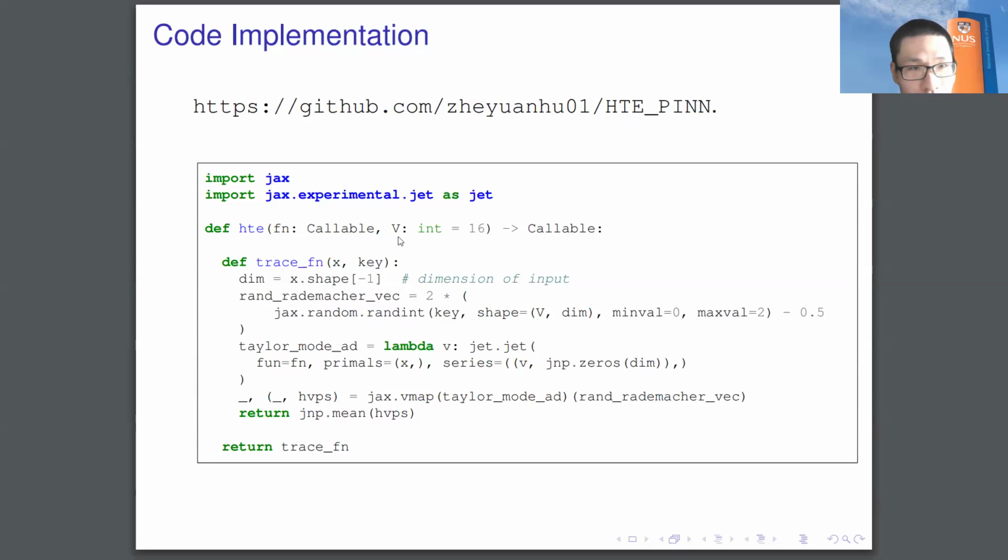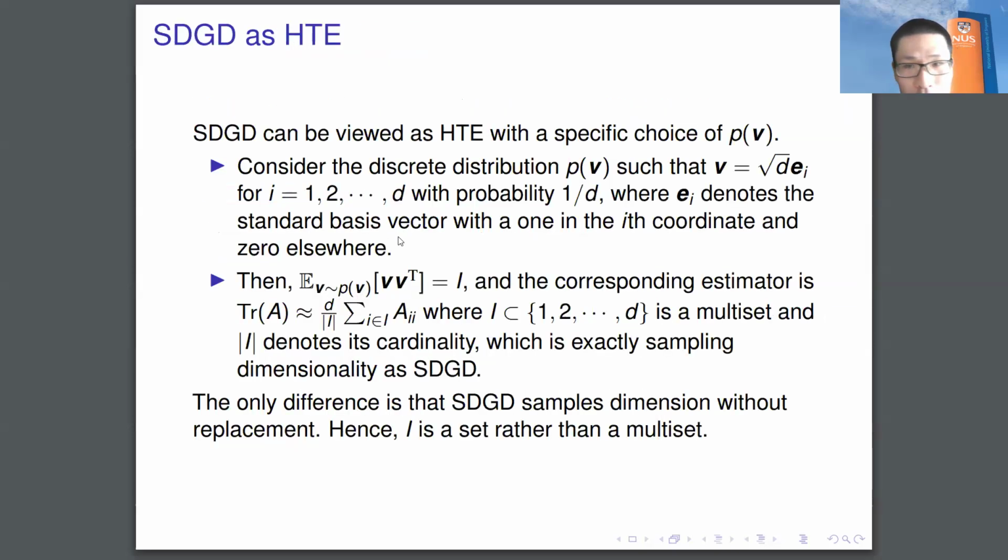So after the code explanation, I would like to unify SDGD and Hutchinson trace estimation. They are actually connected. We can view SDGD as Hutchinson trace estimation too, with a specific distribution of V. We use a discrete distribution P_V such that V equals square root of D times e_i. Here D is the dimension and e_i is the standard basis vector with 1 on the i-th coordinate and 0 elsewhere.